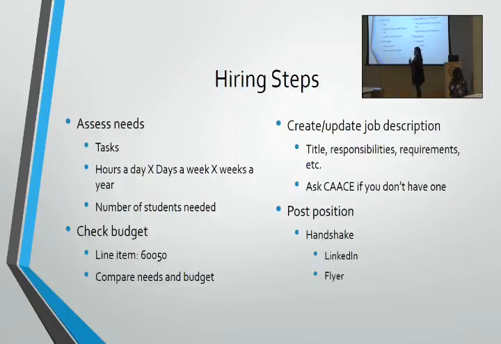So first off, hiring steps, assessing your needs. You want to take a look at what tasks you need your student workers to be doing. They should be educational, but also helpful for the department. Having a student worker should be beneficial not only to you, but also to that student worker, so that they're learning skills and gaining experience that will be helpful once they get out of Concordia and into the real world.